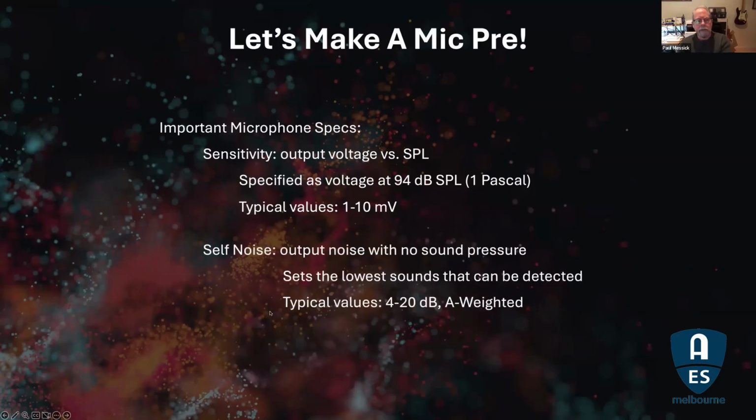The other spec for microphones that's important here is self noise. That's the noise that you get out of the microphone with no sound into it. You'll find that mic manufacturers either measure this by disconnecting the capsule, which some people think is a sacrilege, or by putting it in a chamber where you don't get any sound in it.